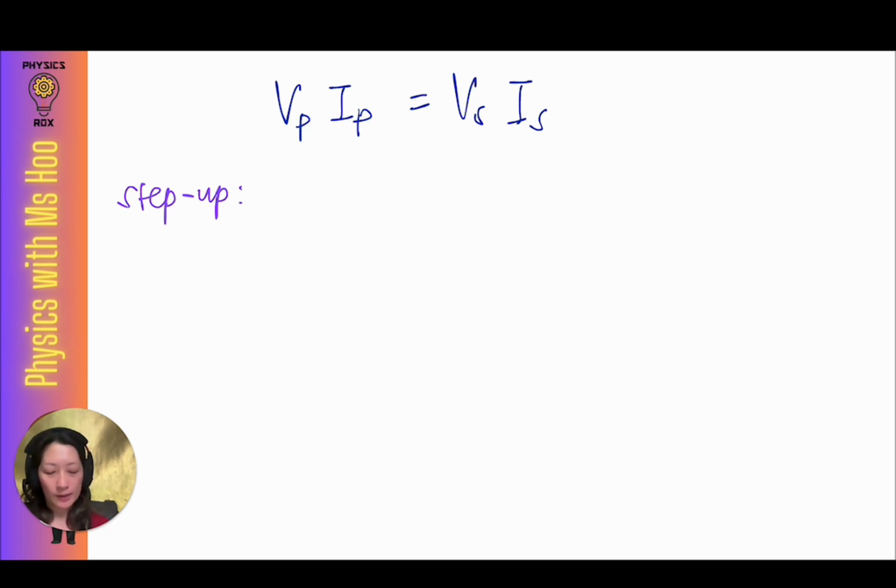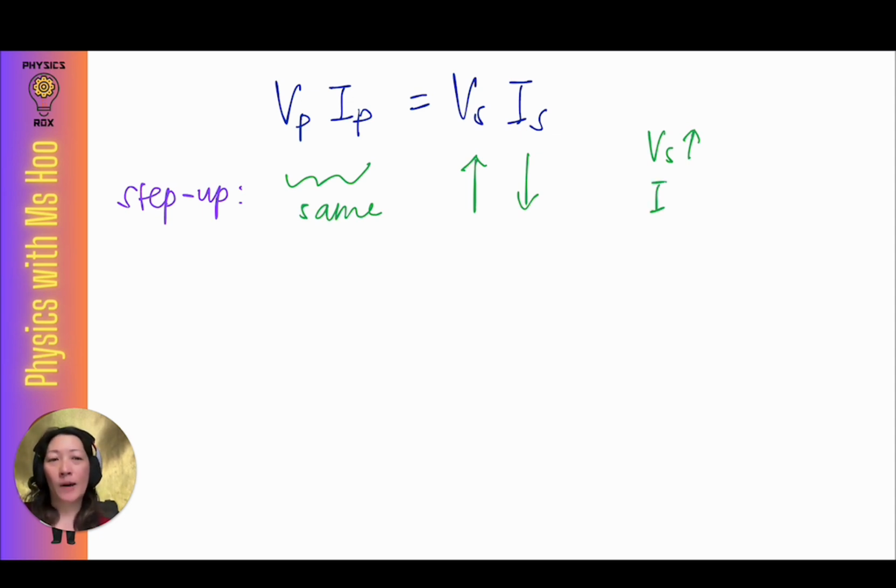I'm just going to draw symbols here to help you visualize. If the secondary voltage has increased and the input power remains the same, in order to balance this out, the secondary current has to decrease. So an increase in VS will cause a decrease in IS if VPIP, which is the input power, remains the same.